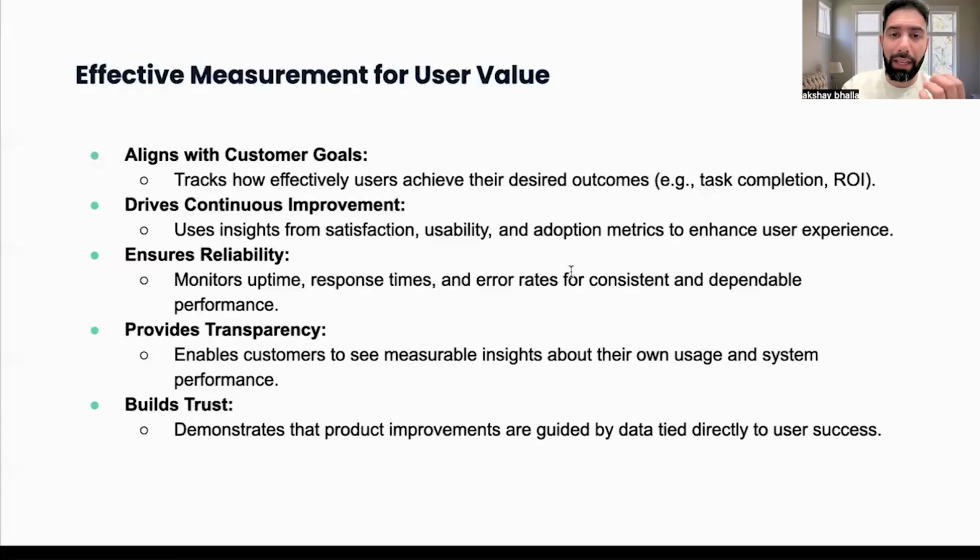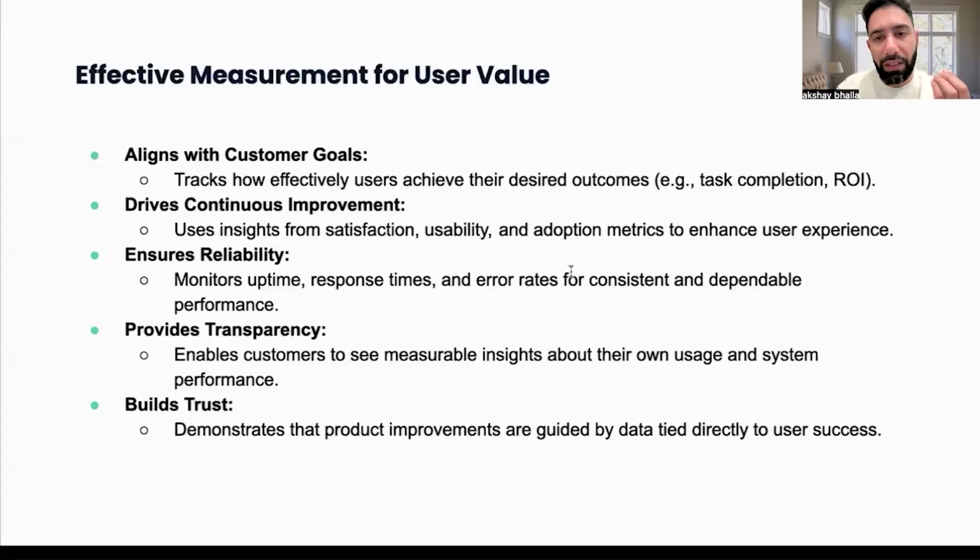Next is reliability, which is one of my most favorite topics. I truly believe that reliability is the cornerstone of user value, especially for technical products. Metrics like uptime or error rates aren't really just technical benchmarks. They're assurances that the customers can depend on a product when it actually counts.